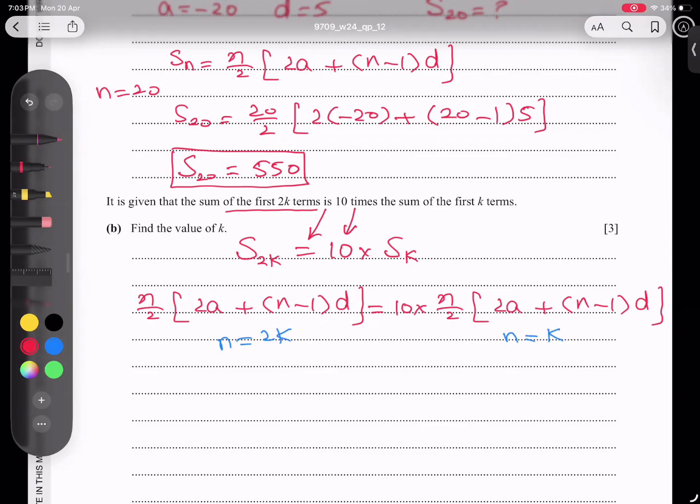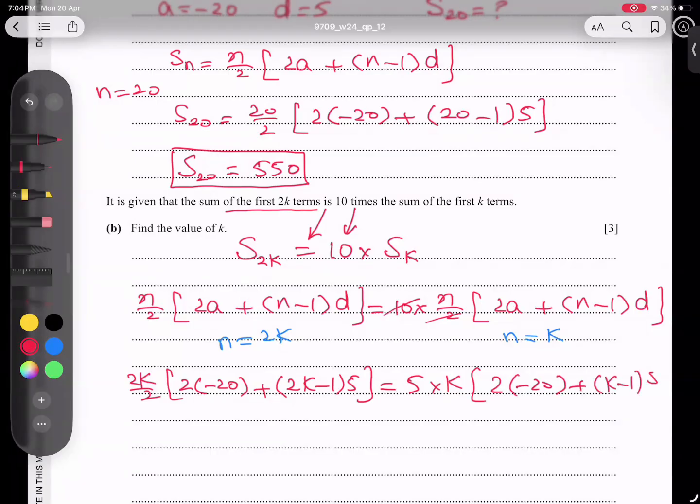So I get k, 2k by 2 in the bracket, and the first term is negative 20. n is 2k, minus 1, and the common difference is 5. The 2 cancels out. On the right side, 2 times negative 20, and n is k, and the difference is 5.